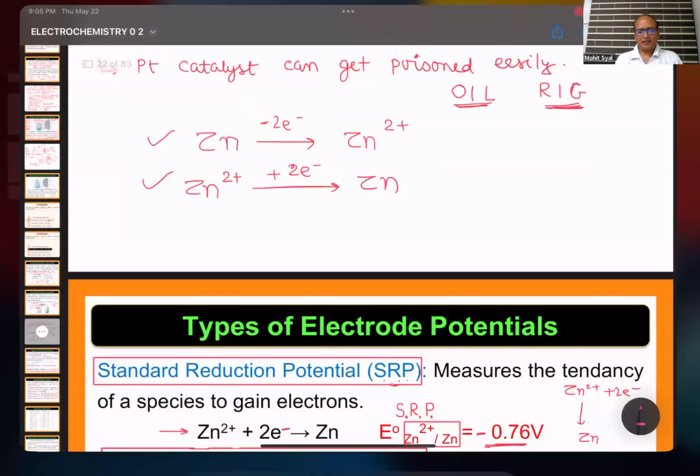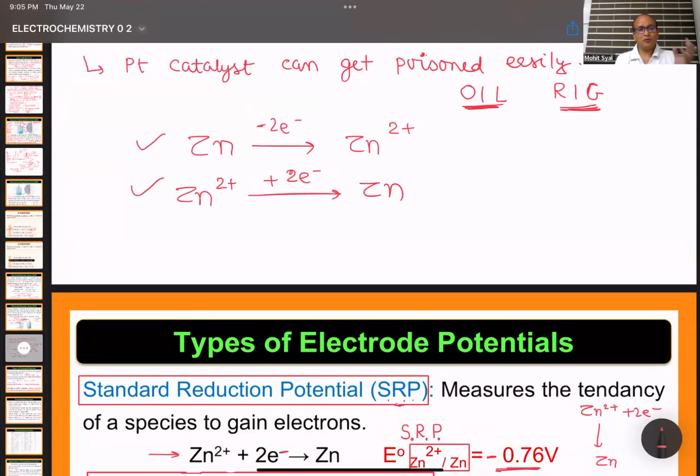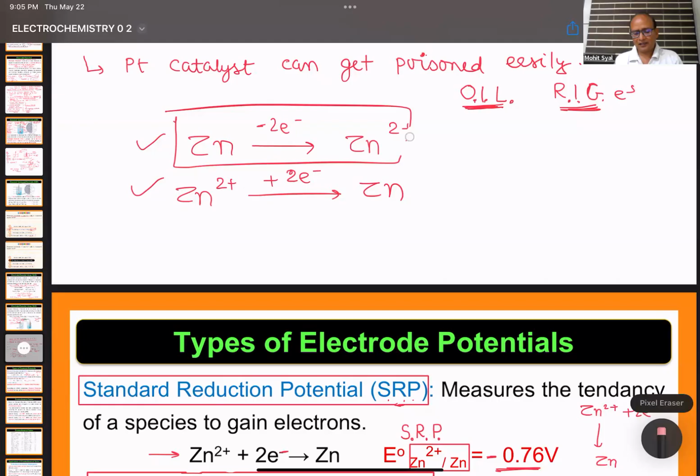So there are two possibilities. Oxidation is OIL RIG. I told you to remember it as a mnemonic. OIL represents that oxidation is loss of electrons and reduction is gain of electrons. Got it? So this is what happened. What is happening here, oxidation or reduction?